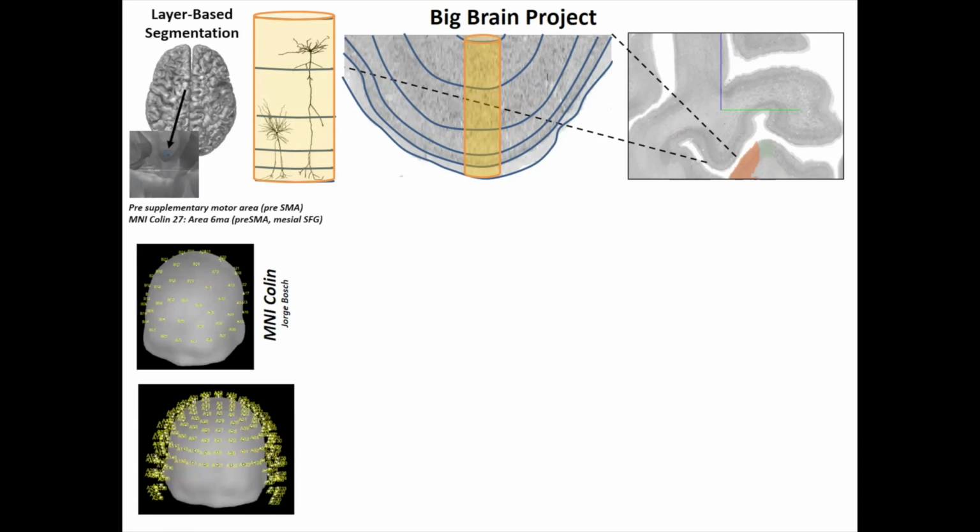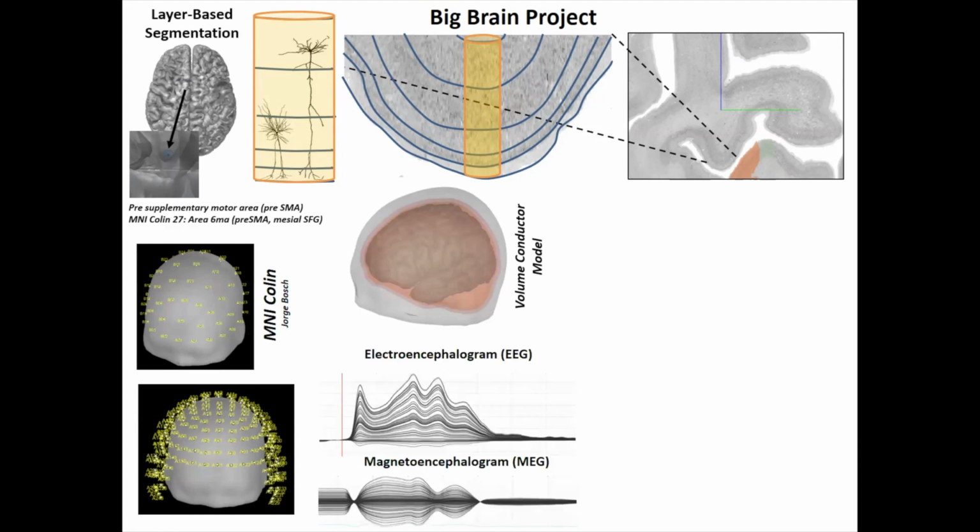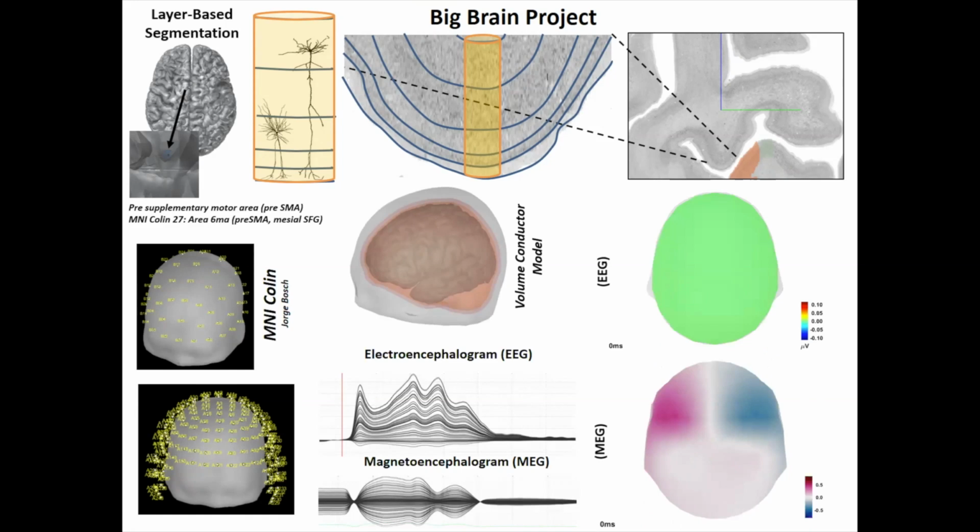Then we used the co-registration of BigBrain to Colin's MRI, performed the source analysis and the volume conductor characterization, and we were able, for the first time, to reproduce the signature that this calcium spike imprints in the EEG and MEG. And I want to finish my presentation with the video of this calcium spike signature from that particular area in EEG and MEG.